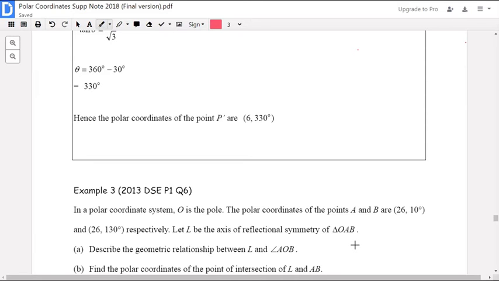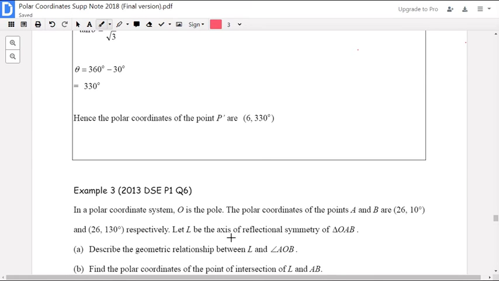The third example, which is a past paper question, 2013 DSE, question 6 in paper 1. Now, in a polar coordinate system, O is a pole. The polar coordinates of A and B are (26, 10 degrees) and (26, 130 degrees), respectively.